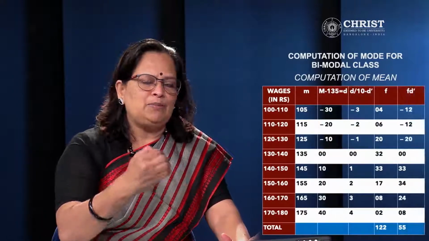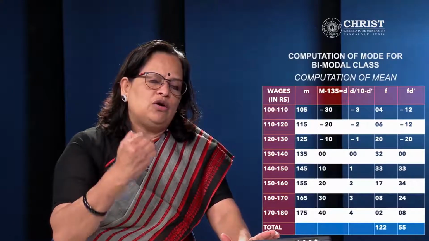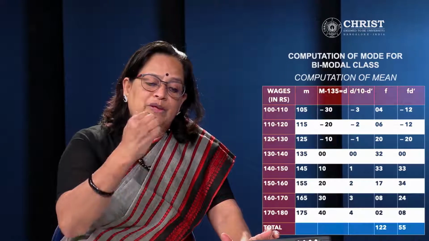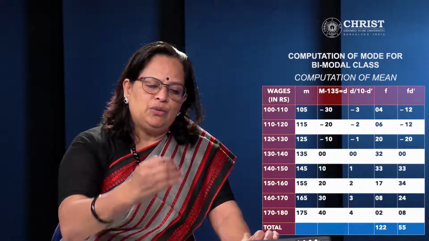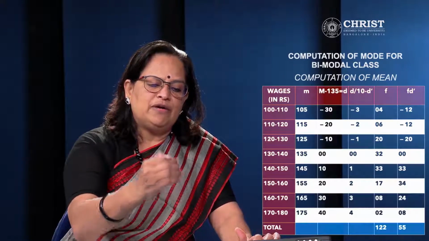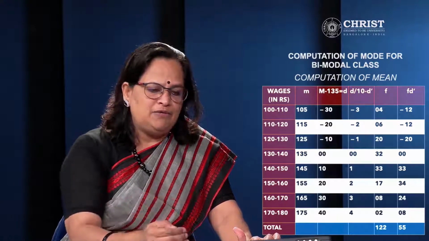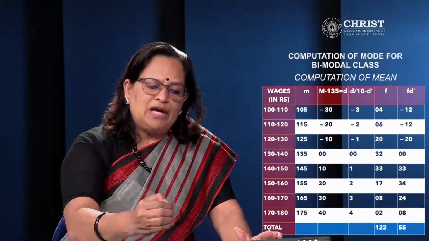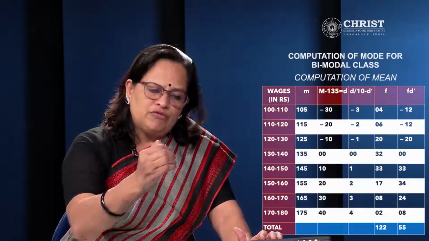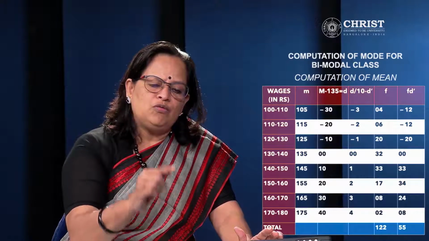Now you have to calculate the mean also. For the mean, you write wages and mid values. Computation for a continuous series of median and mean is based on mid values. So mid values we write 105, 115, like that. Next is mid value minus the assumed mean from the mid values. We have taken 135.